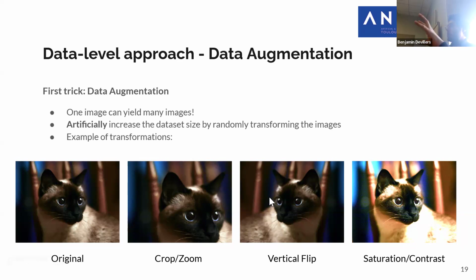So this is good for image classification. Just a small note: if you're doing something else like image detection, imagine you want to detect the cat, so you need a box around the cat to know where it is. Remember that if you do a transformation, it will also transform the location of the cat, so you also need to do the same transformation to your label.